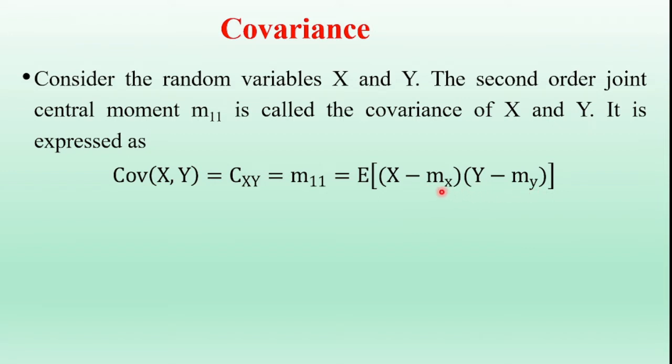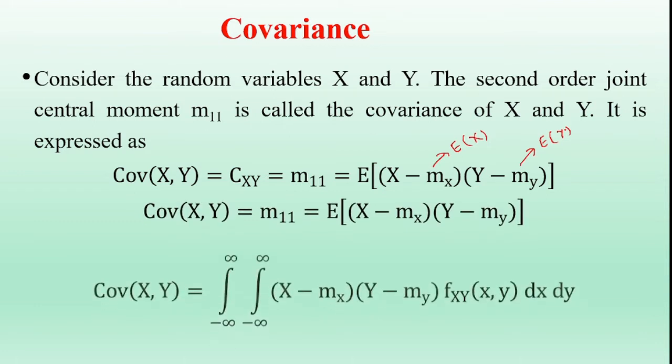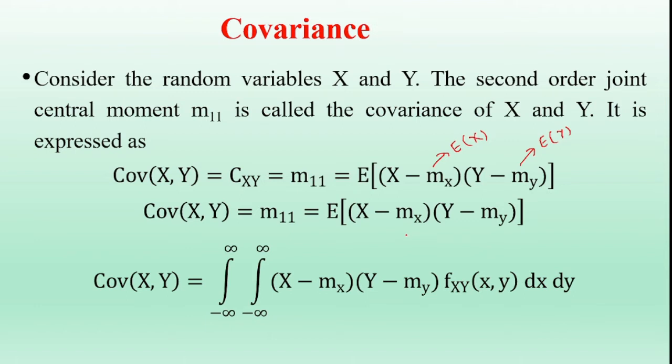Now here mX is the expected value of the random variable X, and mY is the expected value of the random variable Y. That is, mX is the expectation of X, and mY is the expectation of Y. In terms of integration for continuous random variables, covariance of X comma Y is equal to the integral from minus infinity to infinity, integral from minus infinity to infinity, of (x minus mX) into (y minus mY) times the joint probability density function, dx dy.